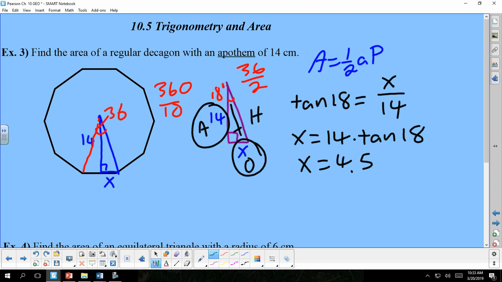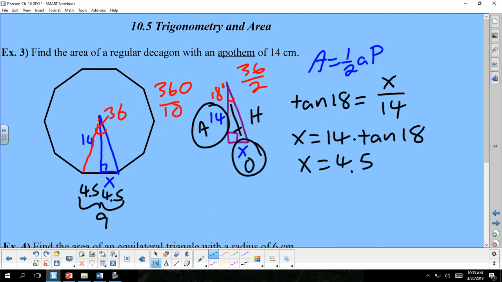So x equals 4.5. So this is 4.5, and this is 4.5. So the entire side is 9.